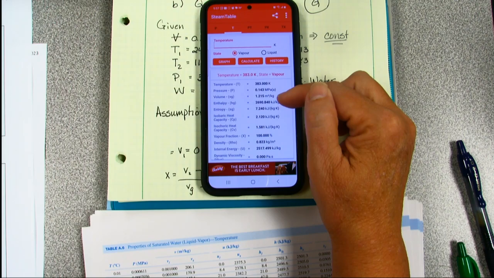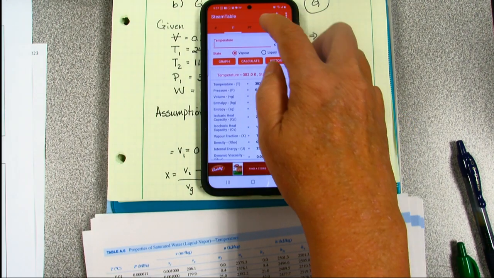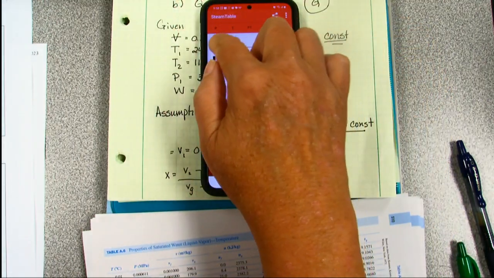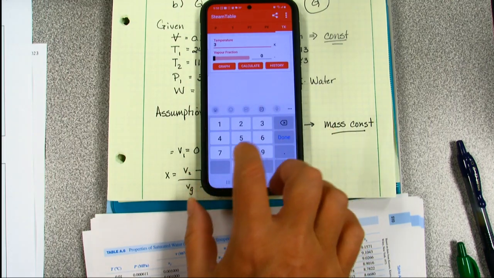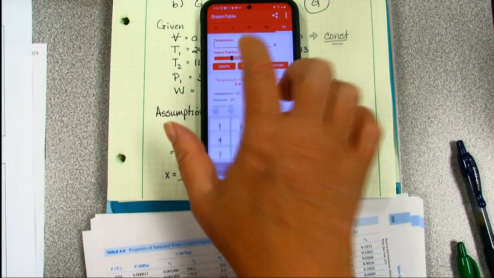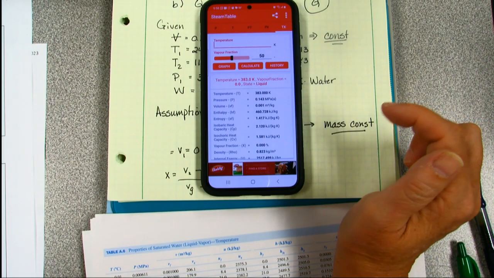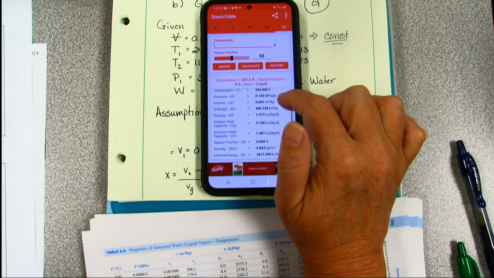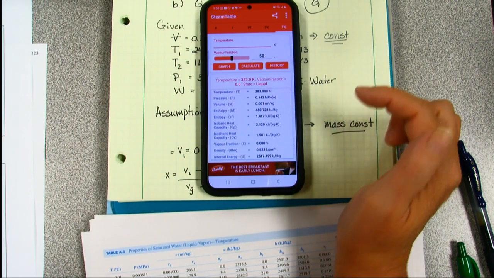There's our VG. So we can get that part. And then we can also do it by doing this. If I go to 383, there's my VF, my pressure.